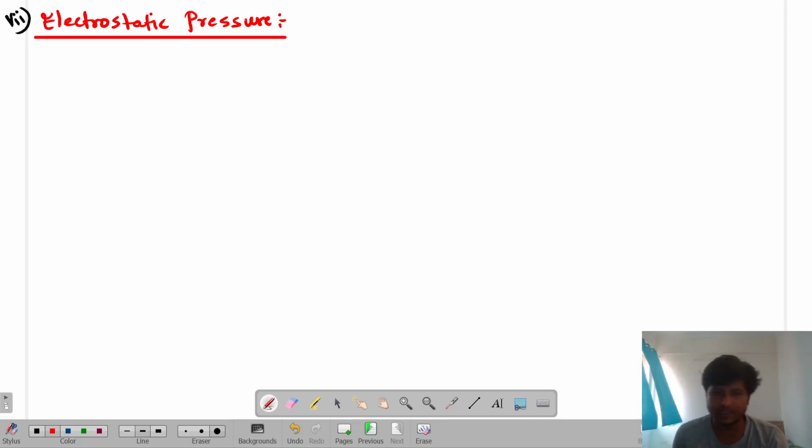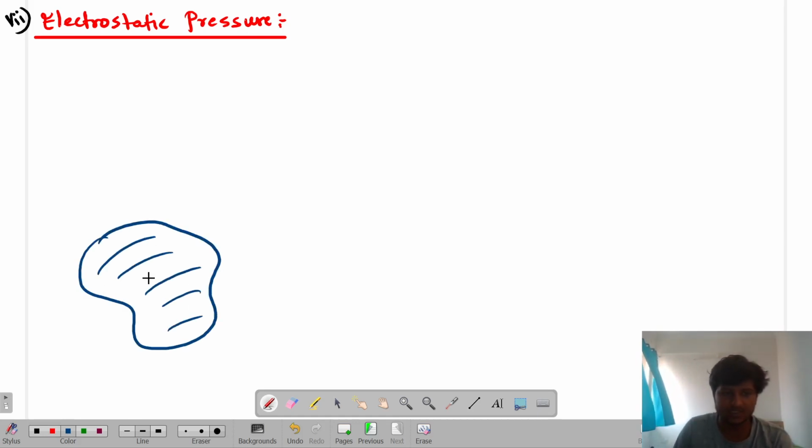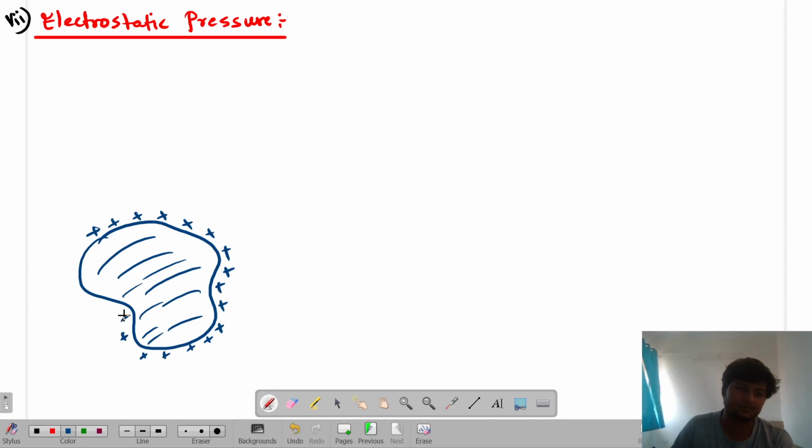Now, you look over here. If I have an arbitrary shaped conductor and I charge it, so what is actually happening? You tell me, these charges will repel each other or not? Yes, they are repelling each other, and due to that, a tension is developed per unit surface area, or not?